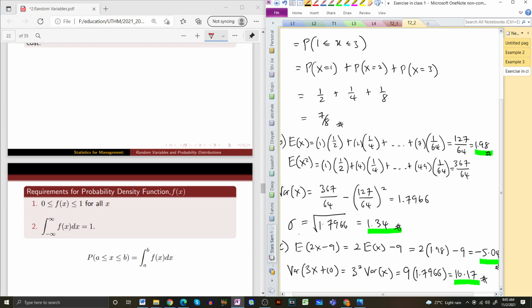You are talking about the standard deviation, isn't it? Yes. So for standard deviation, square root, what do you use here? My answer for variance x gets 1.81. How come?